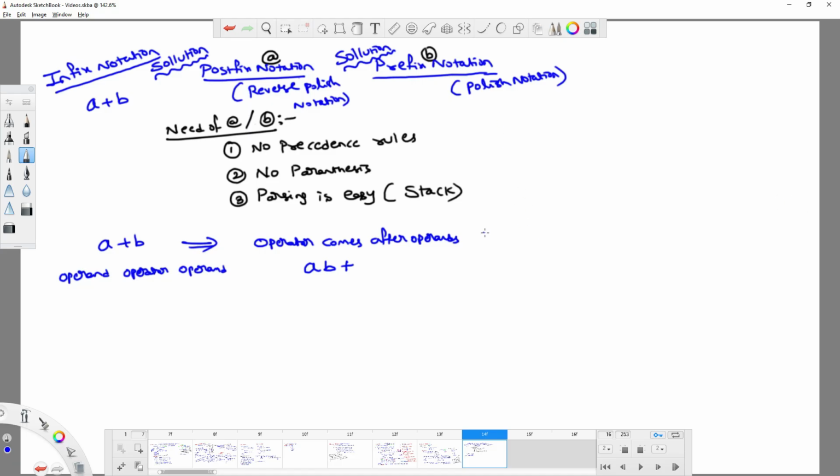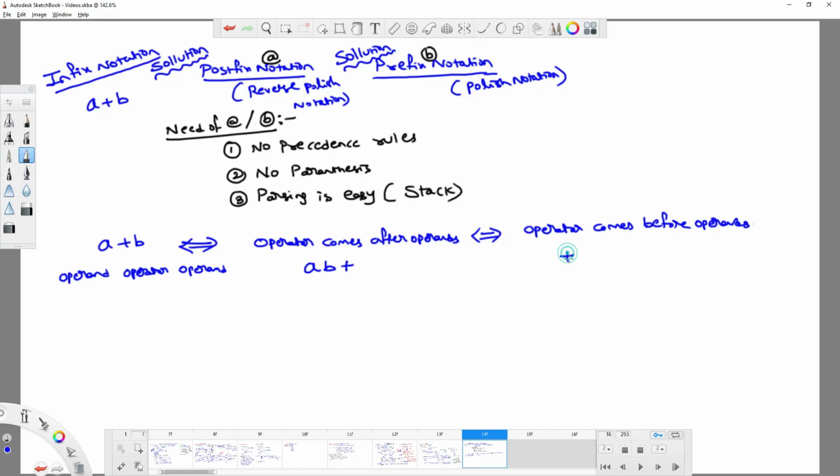What about prefix notation, sir? In prefix notation, the operator comes first, I mean the operator comes before the operands, which we call prefix notation.